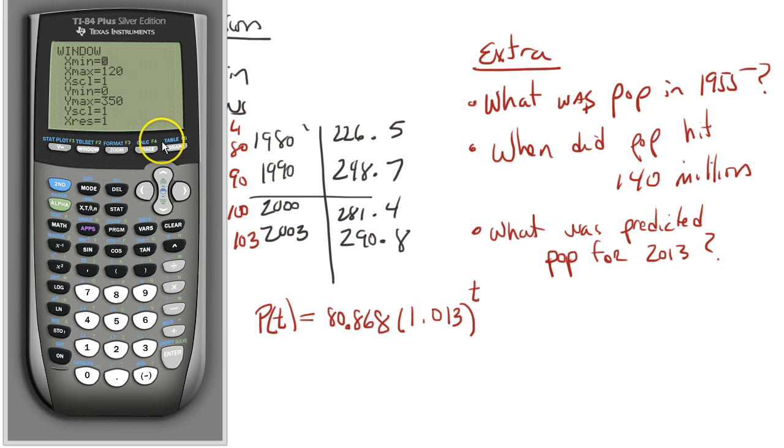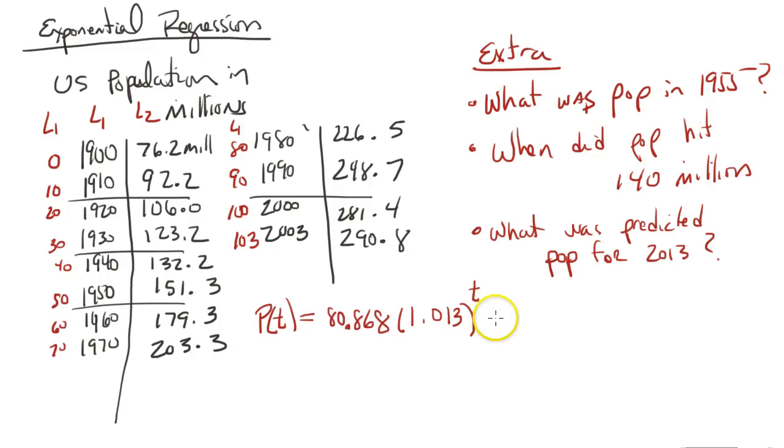So let's go back to graph and do a couple here. Let's do the 1955 thing. I could press trace and type in x is 55. That's 1955. So the population is 164.5. Let's just make sure that makes sense.